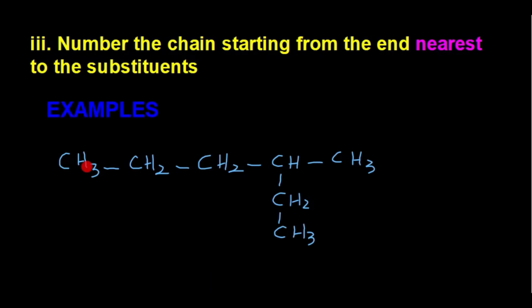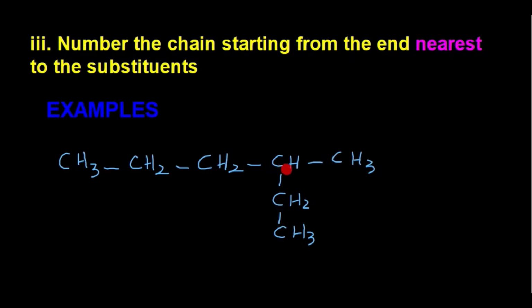First we locate the parent chain in this molecule. See this chain which is made up of 1, 2, 3, 4, 5, so 5 carbon atoms. The next chain, 1, 2, 3, 4, 5, 6, is made up of 6 carbon atoms. And this chain, 1, 2, 3, 4, is made up of 4 carbon atoms.